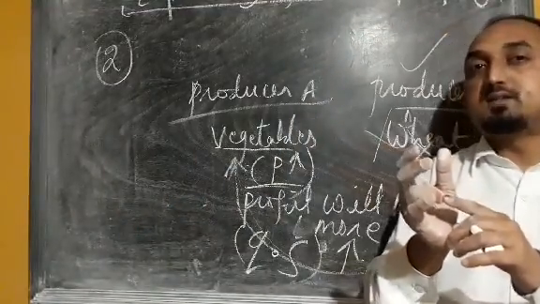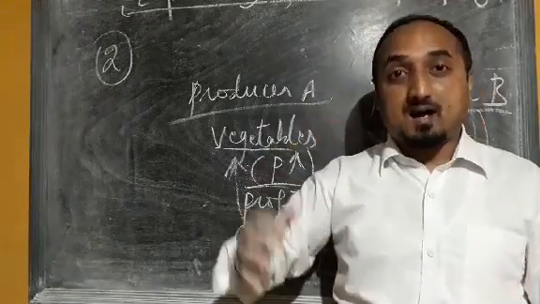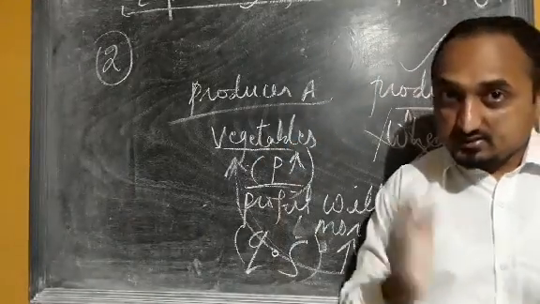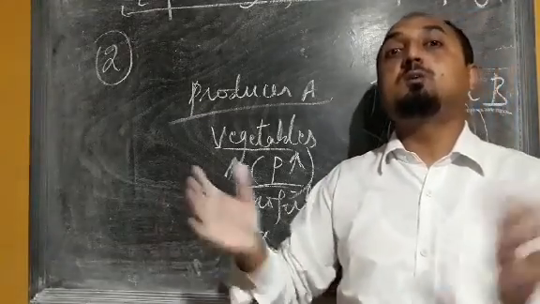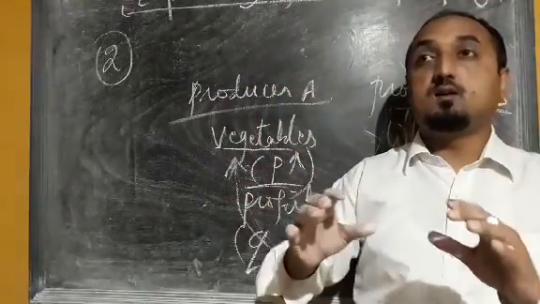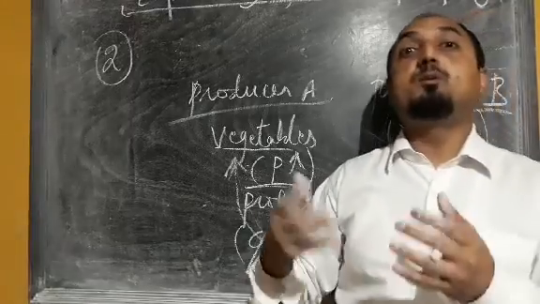The second explanation is that when the price is high, it not only encourages the existing producers, but it also motivates the other producers, those who are looking here and there for which item the profit margin is more.